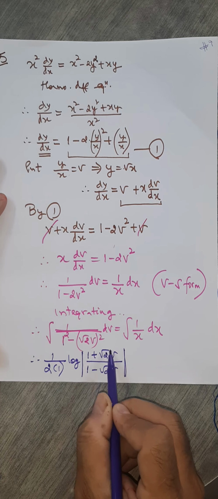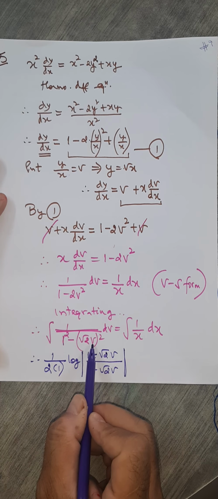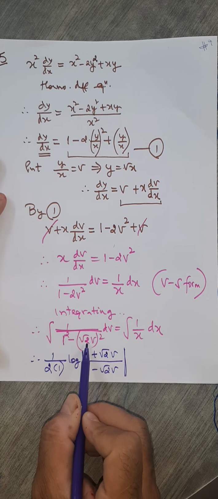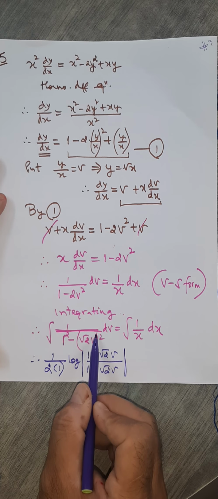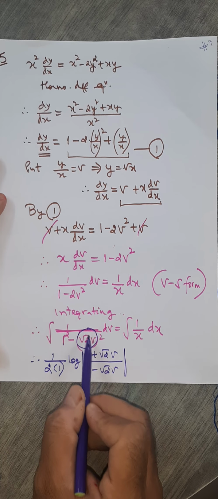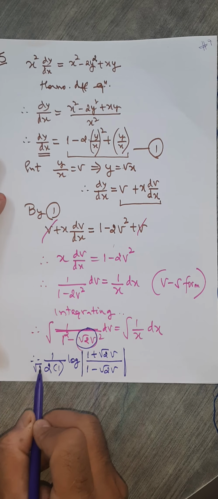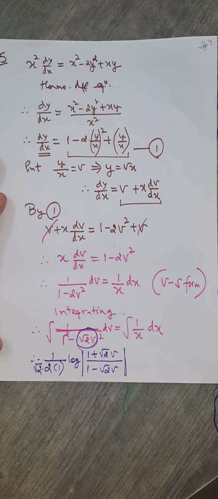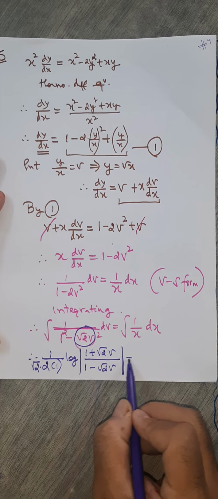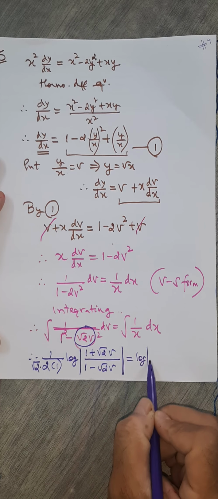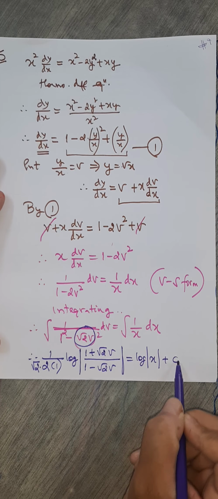If you remember this very well-known formula, but here the coefficient of v is √2. So you had considered this as x. So when you integrate it, you need to divide by the coefficient of x, which is √2 here. That much is important here. Log of mod of x plus, I'll write c.